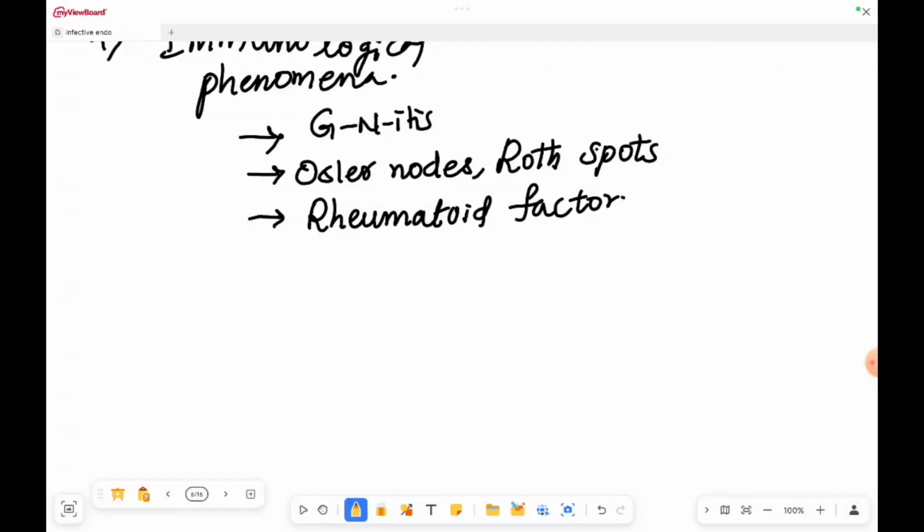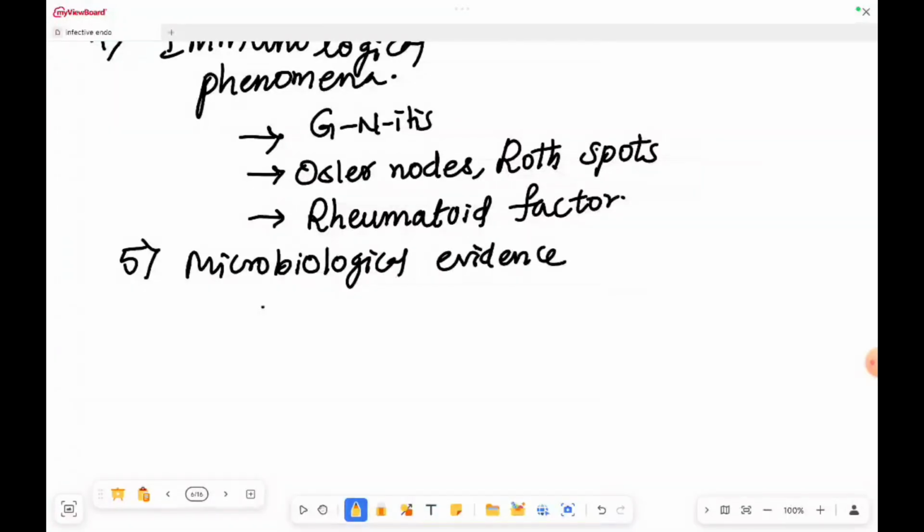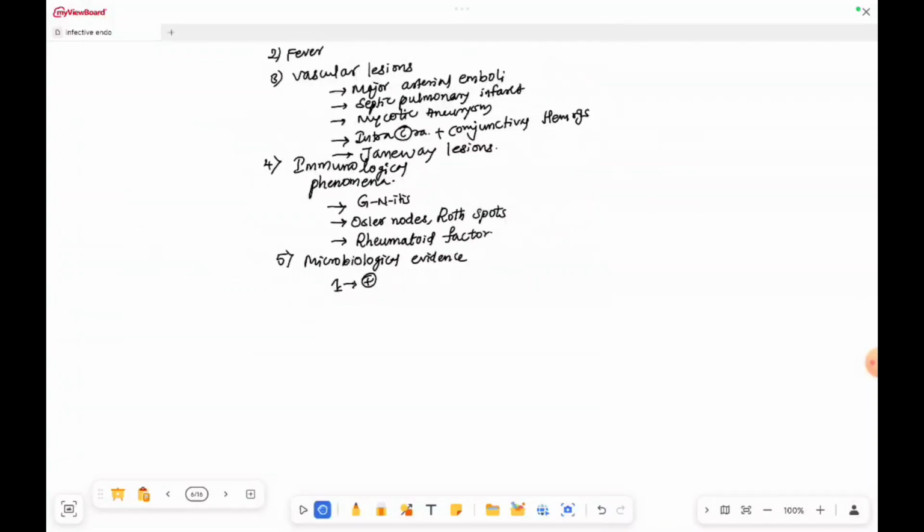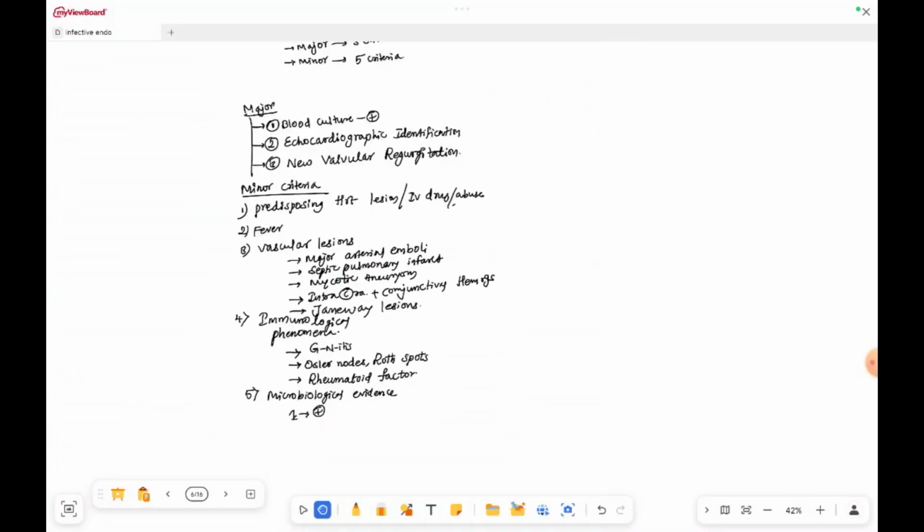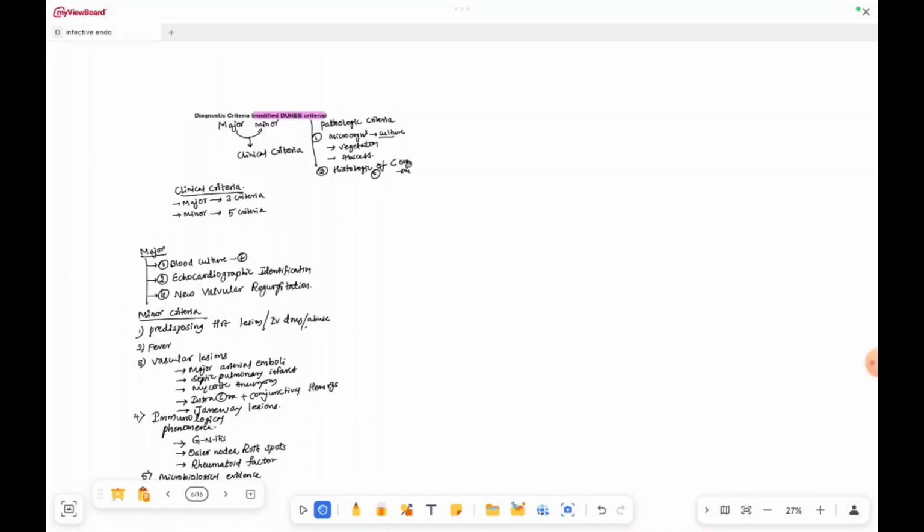So these are immunological phenomena. And at last, fifth one is microbiological evidence. At least one organism should be positive on culture. So these are criteria of modified Duke's criteria, clinical and pathological.